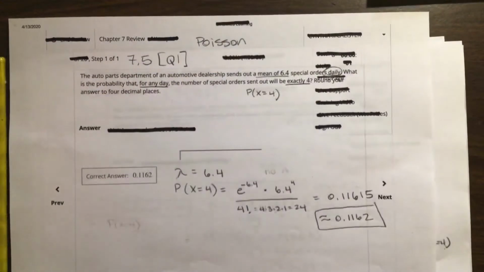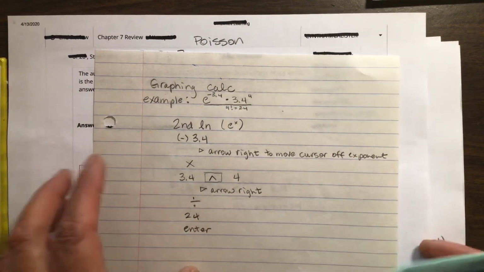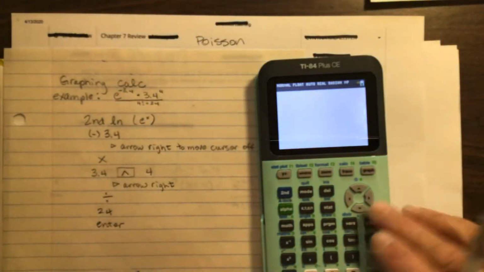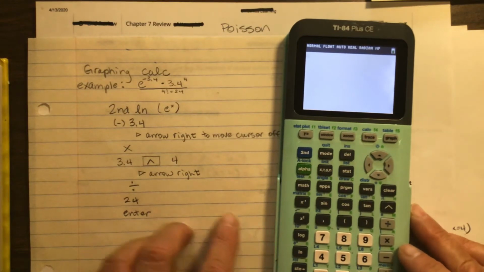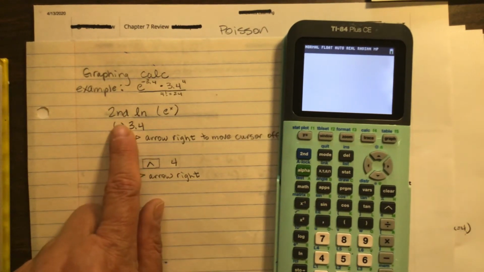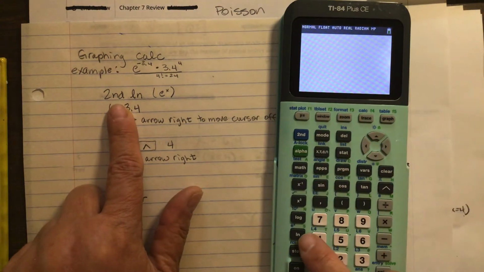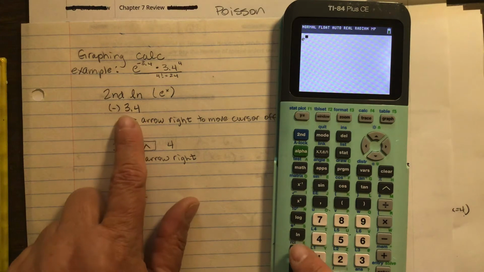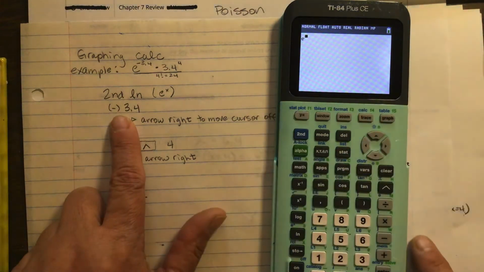If you were doing this problem on the graphing calculator, these would be the steps that we would use. So for the same type of problem, we would go second ln, and then see how it opens a little window for the exponent?